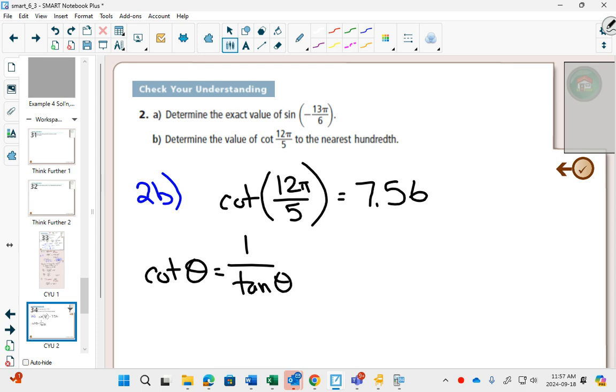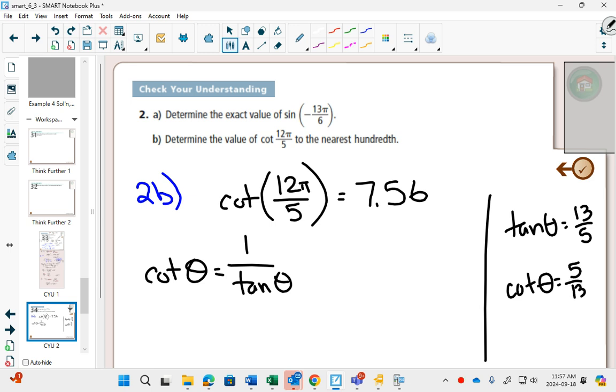But we flip fractions, just a review of reciprocals, we use the shortcut where we flip fractions, but we use that shortcut if we knew ratios. So your brain knows the following. If I know that tan of theta was 13 over 5, cotangent of theta is 5 over 13. This is true. Okay? Your brain is able to flip those ratios.